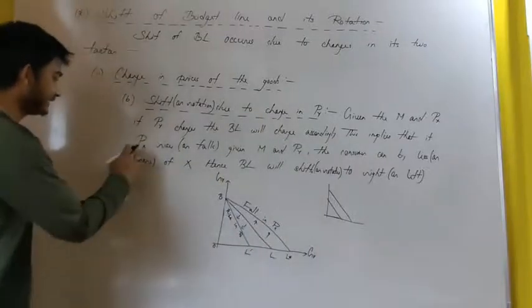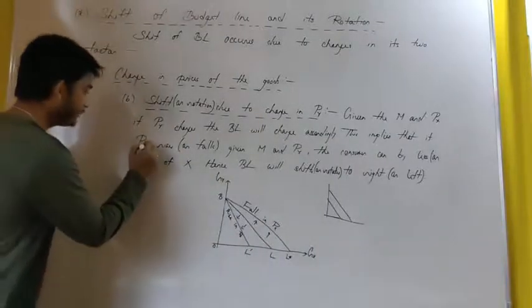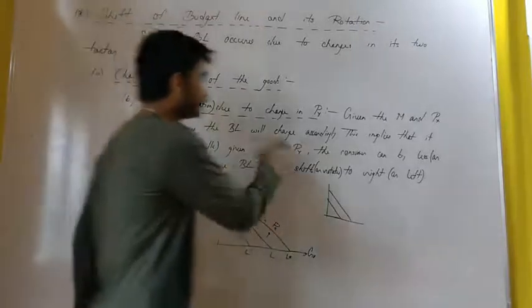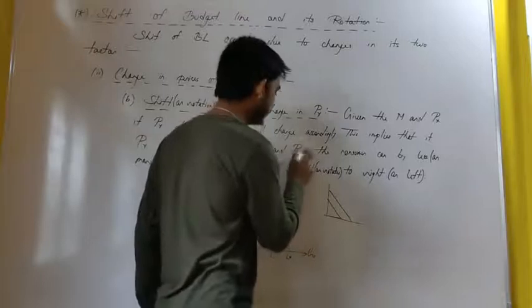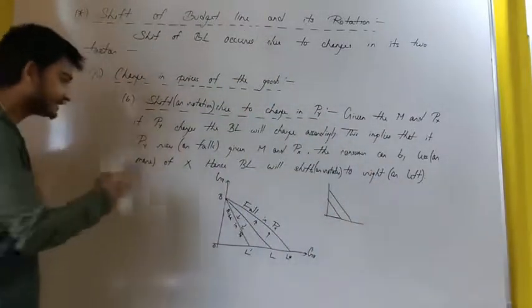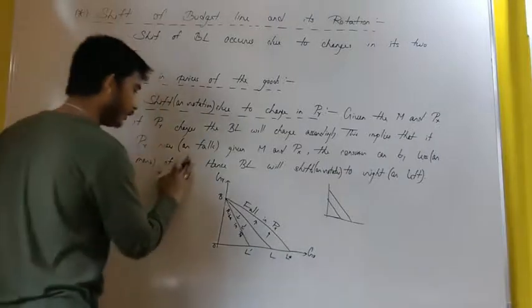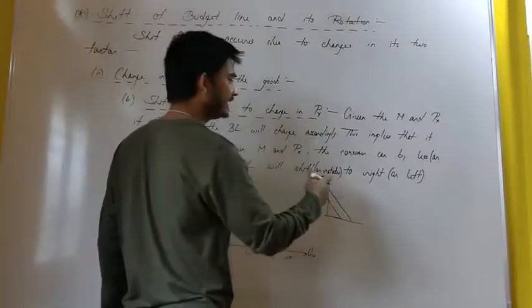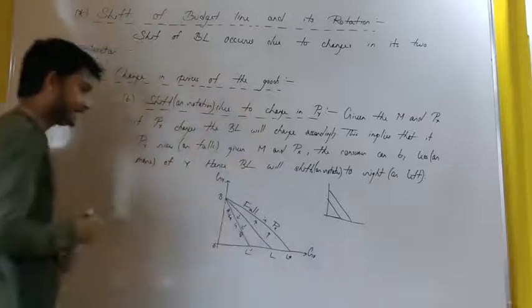This implies that if PY, price of good Y, rises, given the income of the consumer and price of good X, the consumer can buy less amount of good Y, hence BL will shift or rotate to the right.